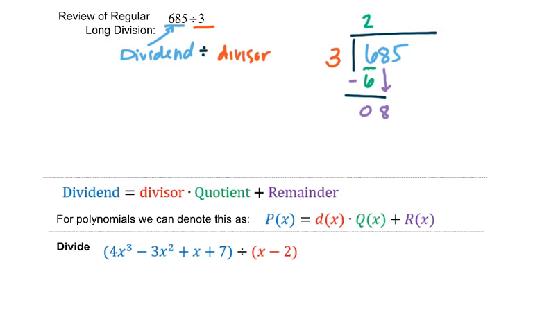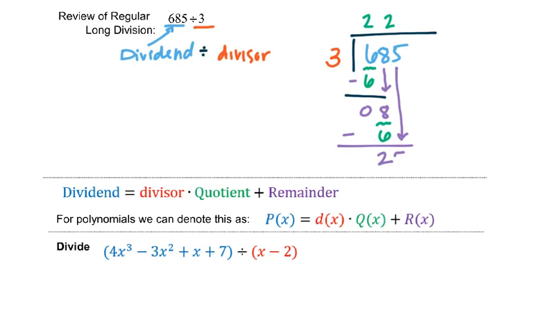And I do this process again. How many times does this 3 go into 8? And 3 goes into 8 2 times. So I put the 2 above the 8. 2 times the divisor 3 gives me 6. Again, I will subtract and I will get 2.